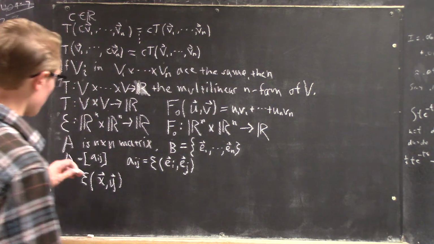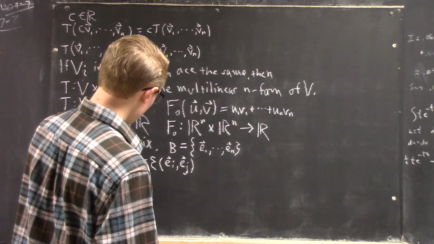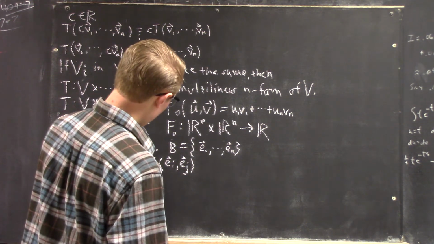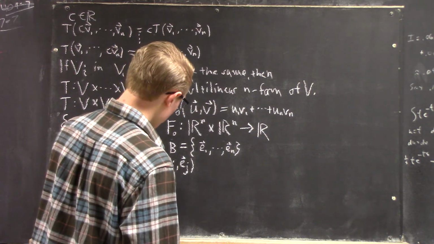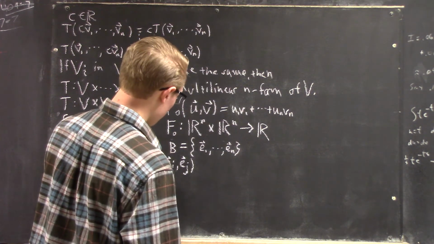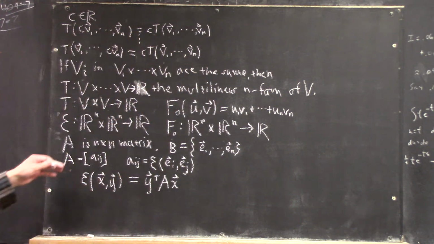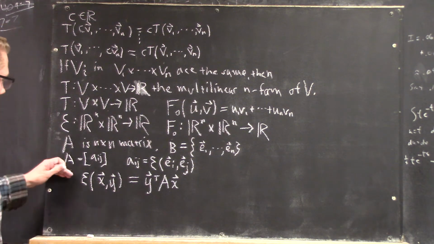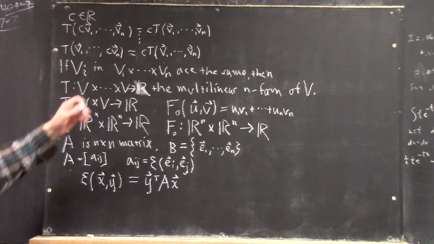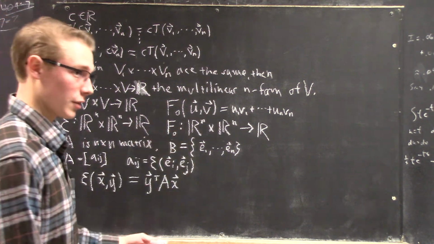This transformation, represented by a matrix, is equal to the transpose of the vector y times the matrix A times the vector x. Writing the matrix representation this way allows one to study various other aspects of bilinear mapping by using the properties of matrix addition and matrix multiplication.